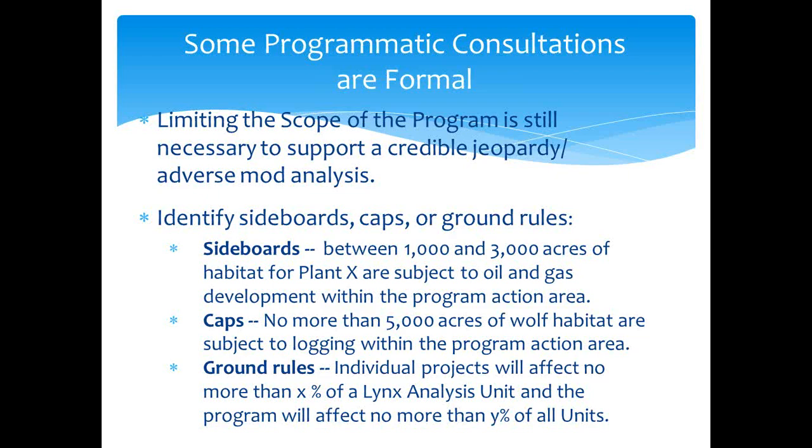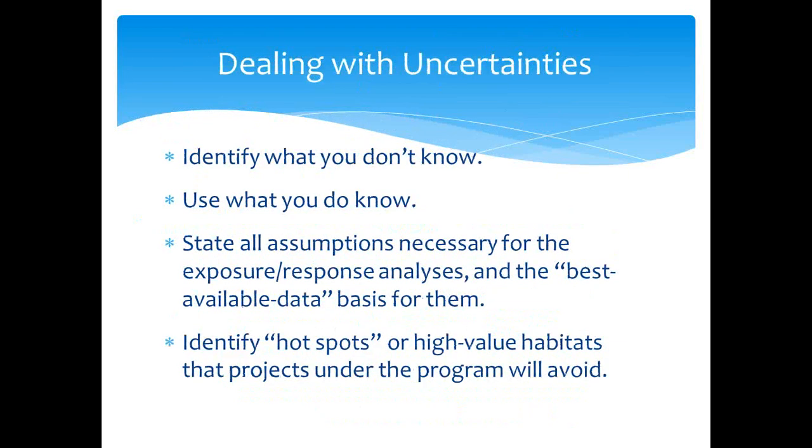It's hard to support that. This action is not likely to appreciably reduce the likelihood of survival of the species in the wild if the scope of the program is unlimited. You put some limits on it, and then it's sort of a worst case analysis thereafter.